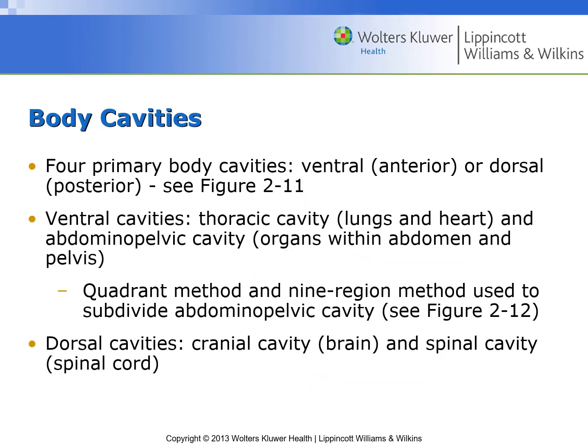Now let's consider the body cavities. There are 4 primary body cavities: ventral, which is also the anterior, and dorsal, also referred to as the posterior. The ventral cavities are the thoracic cavity, which contains the lungs and the heart, and the abdominopelvic cavity, which contains the organs within the abdomen and the pelvis.